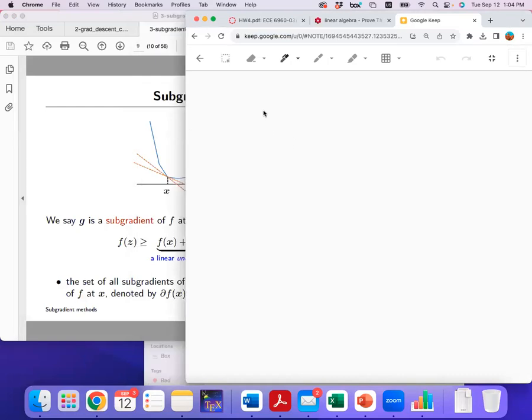Right? If we have a differentiable curve, then we can easily draw a supporting line at that crossing point. And we say the slope of this line, we call this the gradient or the derivative.